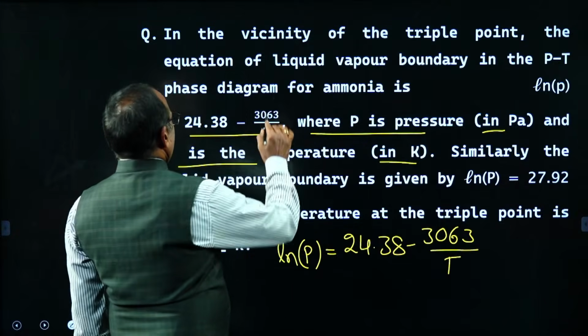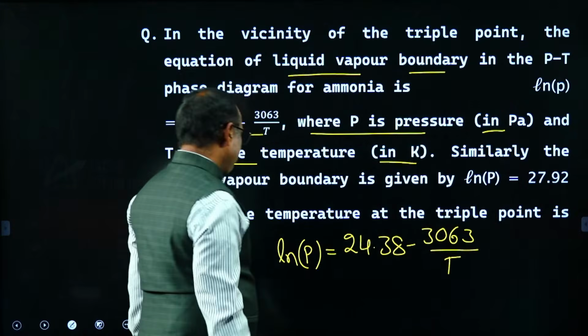That is for the liquid phase vapor boundary.